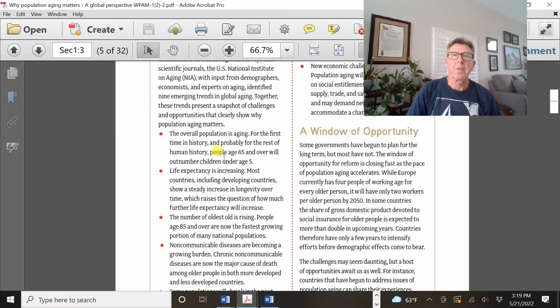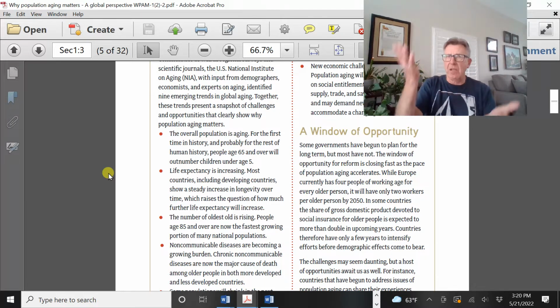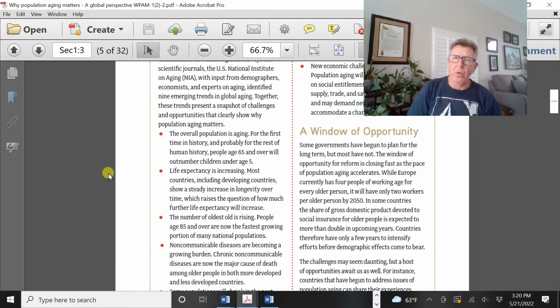Overall, worldwide, the population is aging. It's doing so a lot more rapidly in some regions and some countries than in others. Of course, in Europe, they're way ahead of the game. These are really ancient communities, and most European countries are now dealing with the shift and the balance to having a lot of old people.